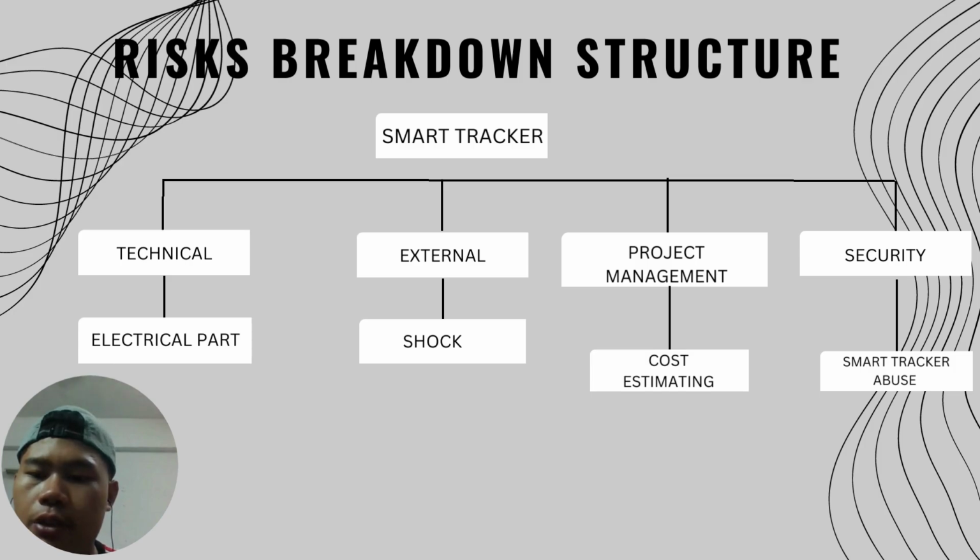And the last part of the risk breakdown structure is in terms of security. Smart tracker abuse will easily occur if our customer does not use it for the right purpose. Criminal cases may occur and be caused by this smart tracker. That's why we take this risk to produce the smart tracker.